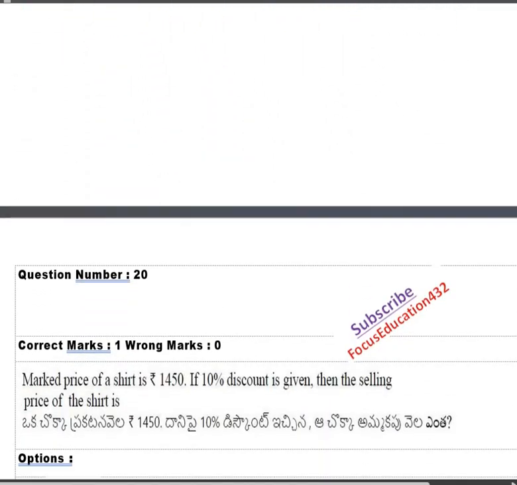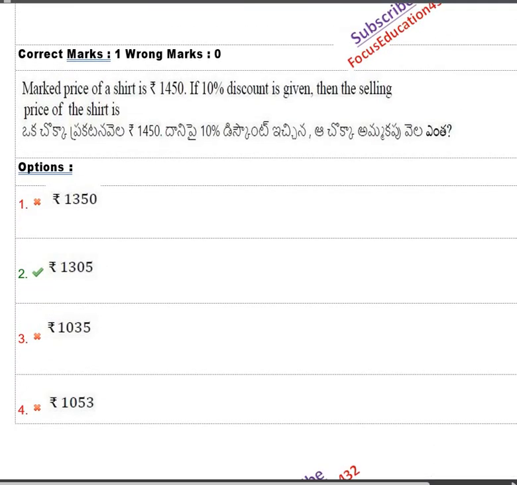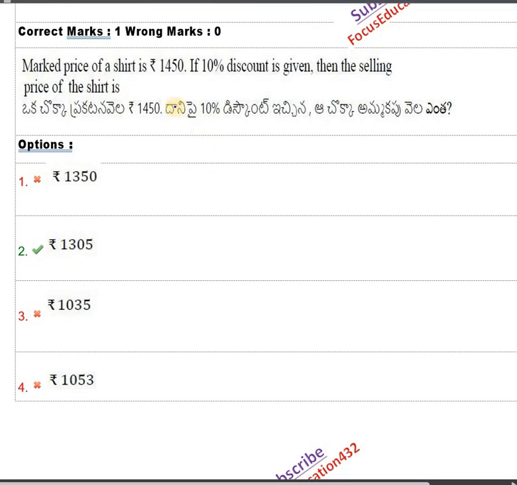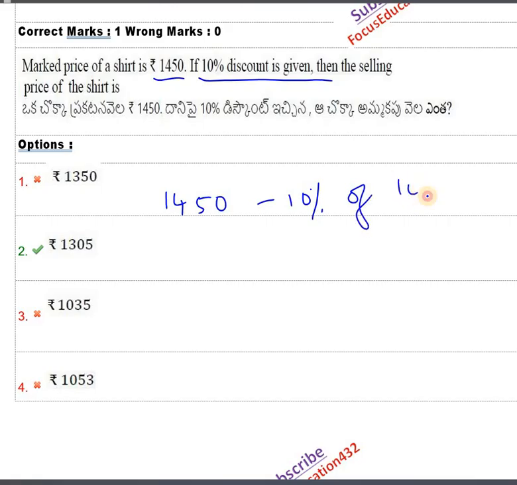Now coming to question number 20. This is also a very basic question, 8th class. The market price of a shirt is rupees 1450. If a 10% discount is given, we need to find the selling price. 10% of 1450 is to be removed.